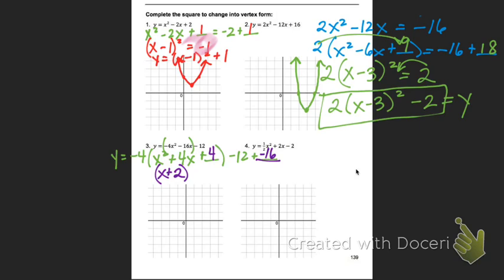So the only thing that is different is if I were to move this to the other side, it would be a positive 12 and a negative 16, which would combine to be a negative 4. So if you don't want to move it over and then move it back, imagine taking the opposite sign and then combining.